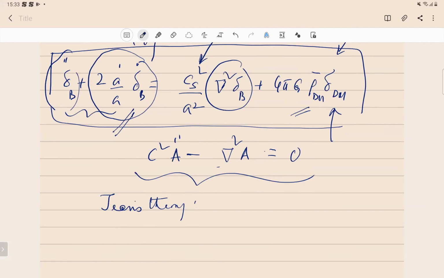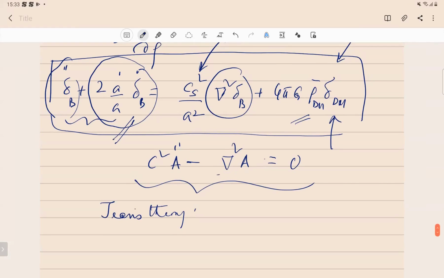There is a question in the chat box asking for references. Can you please suggest some reference? So most of this is from the book by Peebles, on Newtonian perturbation theory. The best source is the book on structure formation by Jim Peebles.